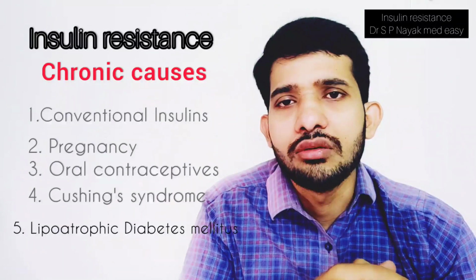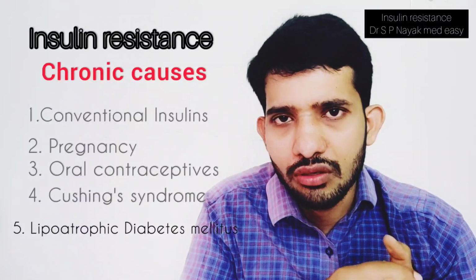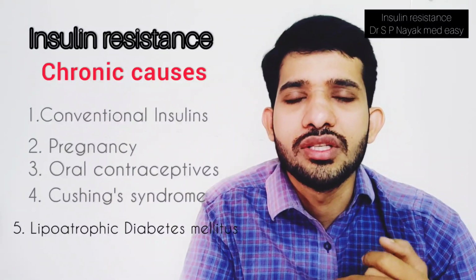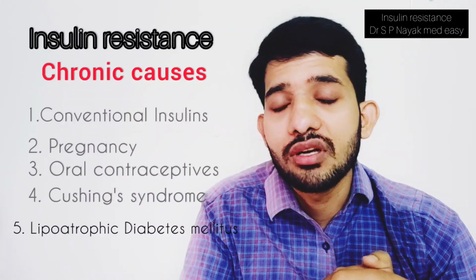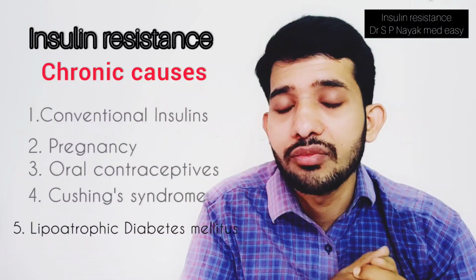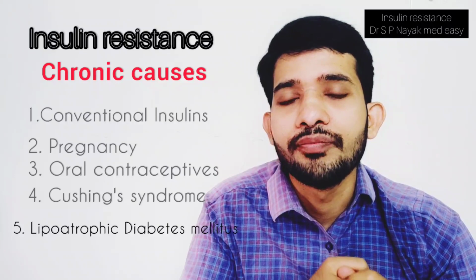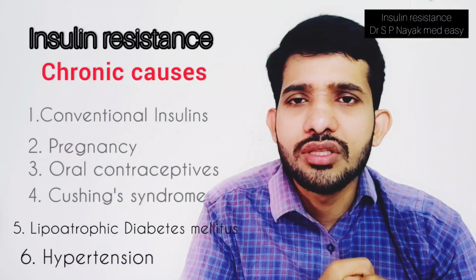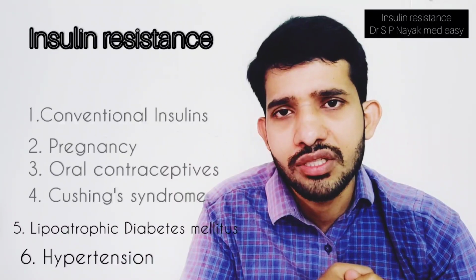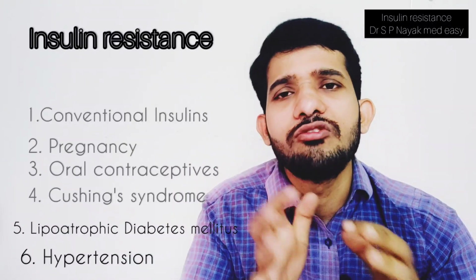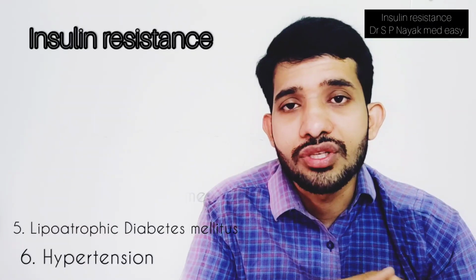It is a genetic disorder mainly characterized by insulin resistance, and usually by a reduced amount of fat deposition, or a reduced amount of adipose tissue in the body. And sometimes hypertension may also induce insulin resistance. So these are some factors which cause insulin resistance.